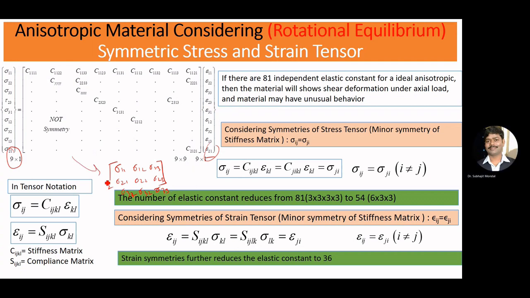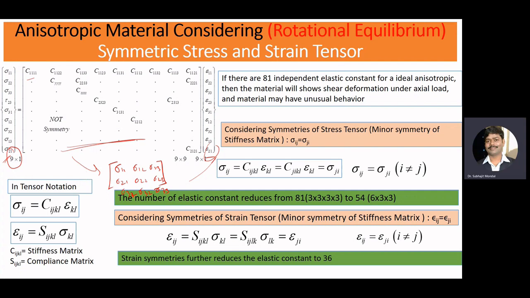So here you can see the stress tensor can be written in a vector form, and similarly the strain tensor can also be written in a vector form. Now if we write the stress-strain relationship, then sigma 11 is equal to C1111 times epsilon 11 plus C1122 times epsilon 22, and so on.